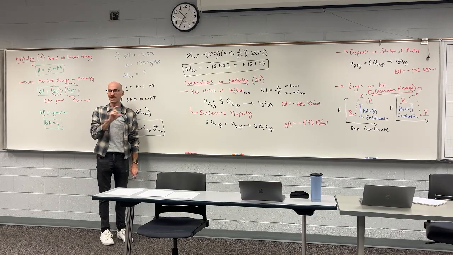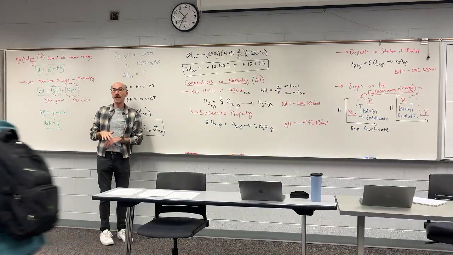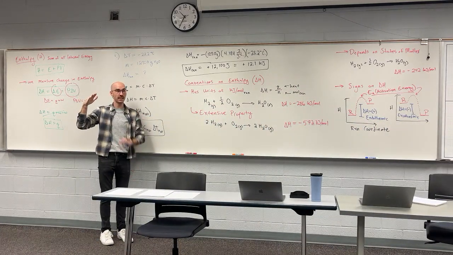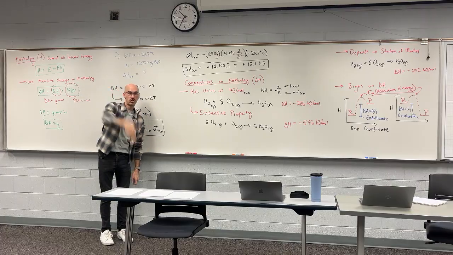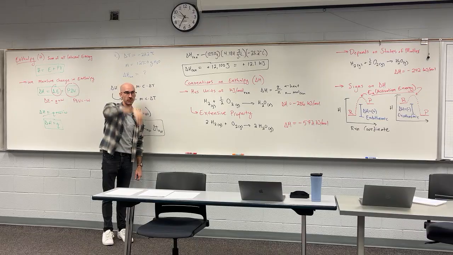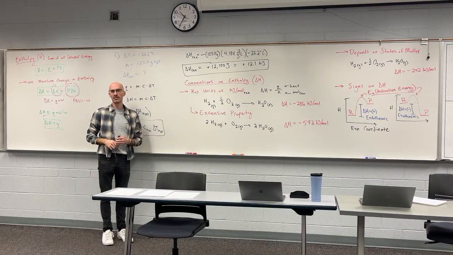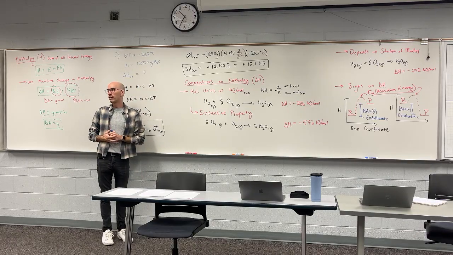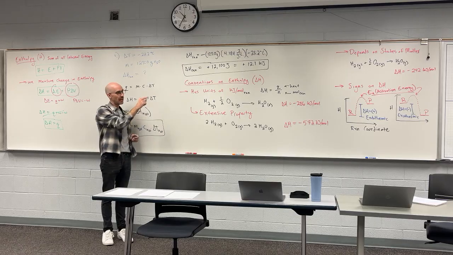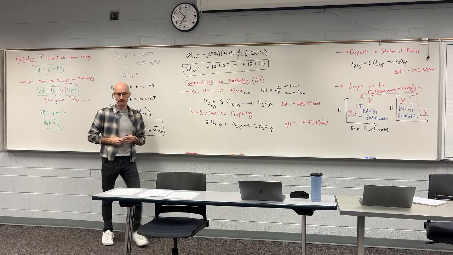Just because chemicals lie higher in energy than they could, doesn't mean that they will spontaneously, on their own accord, just go down to that energy. They need some external energy first in order to be able to change forms. That's our activation energy. We don't have to worry much about activation energy in this class. When you get into Gen Chem 2, you do a lot more calculations with activation energy. I want you to be aware of it.